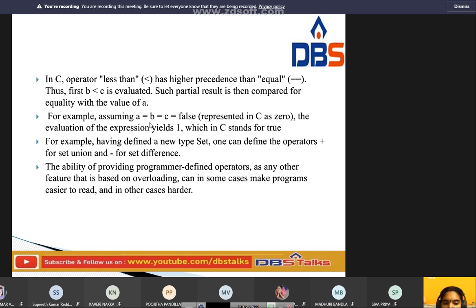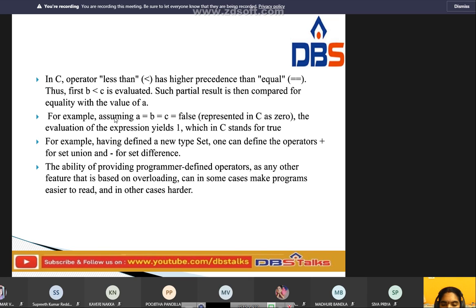The partial result is then compared for equality with the value of a. For example, we take b equal to a less than c.